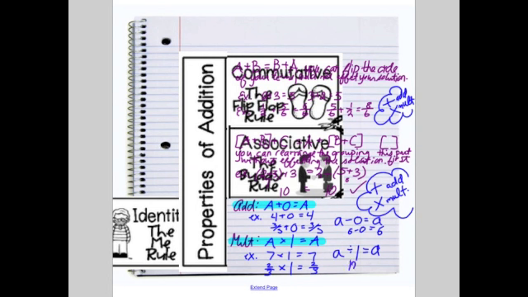And 12 divided by 1 still equals 12. So you actually get bonus rules here. If you can remember your addition and your multiplication rule for identity, you can also remember your subtraction and your division rules.